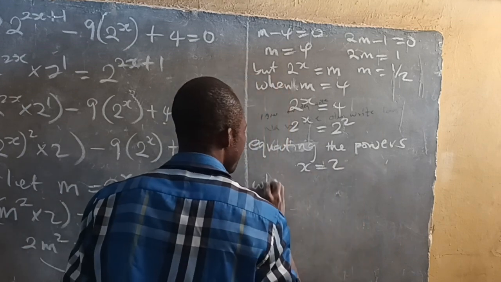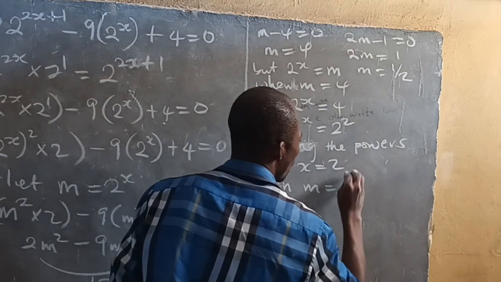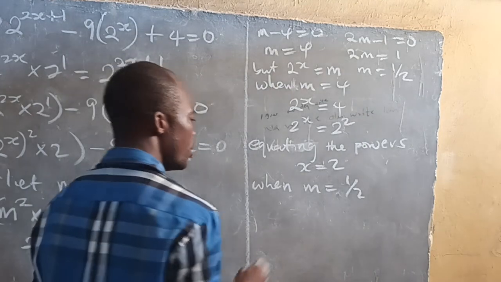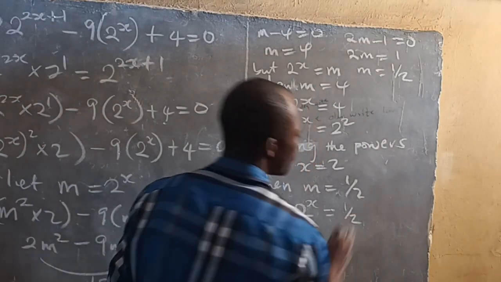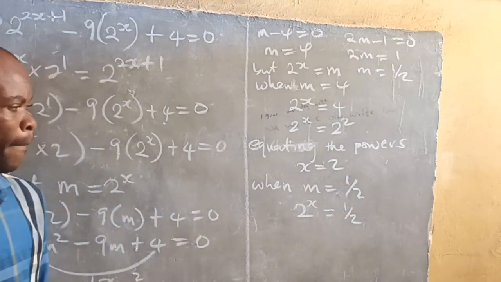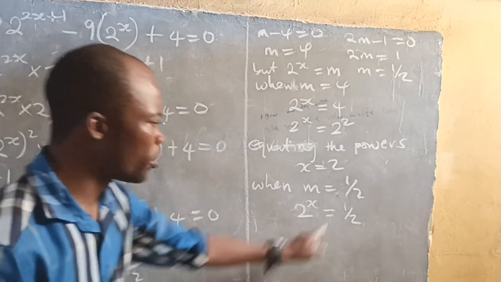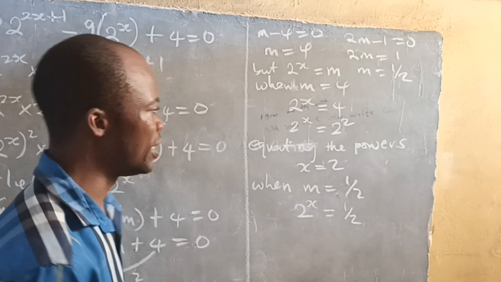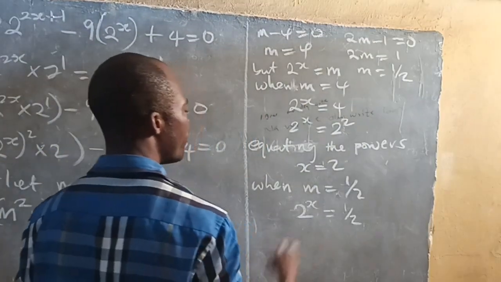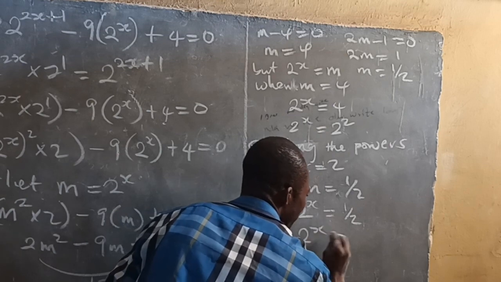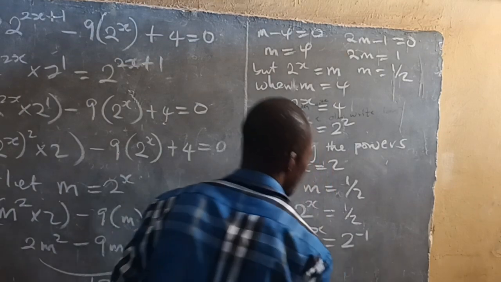Now when m is equal to 1 over 2, it means 2 raised to the power of x is equal to 1 over 2. We can rearrange 1 over 2 and put it in index form. In index form, 1 over 2 is the same thing as 2 raised to the power of minus 1. So we can say 2 raised to the power of x is equal to 2 raised to the power of minus 1.